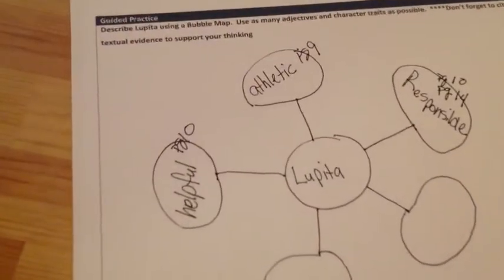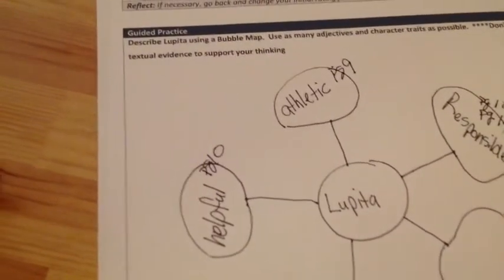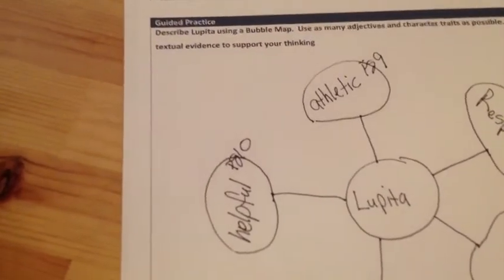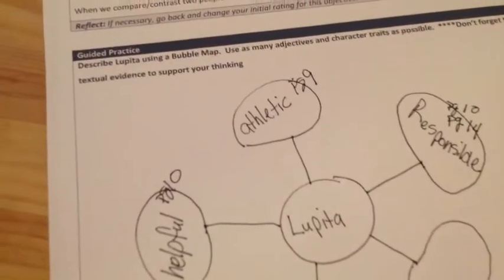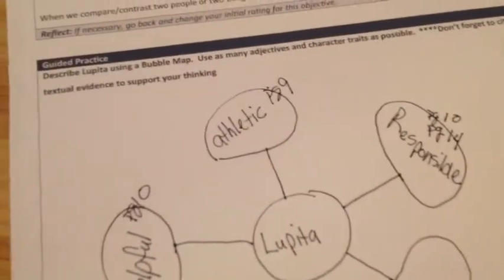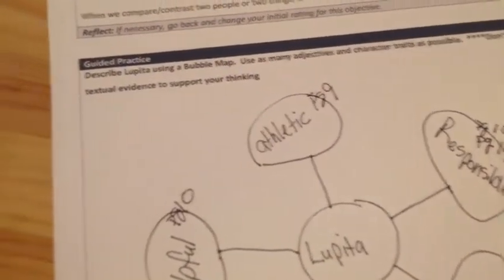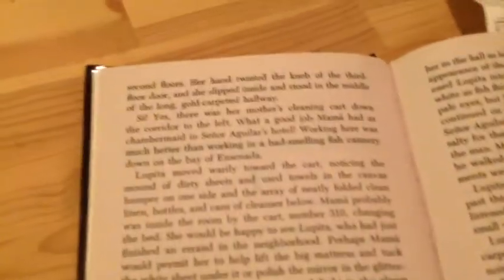Another thing that we see, another character trait that the book actually says, is that Lupita, when she finds out that her mom isn't working there, that day she becomes very frightened.